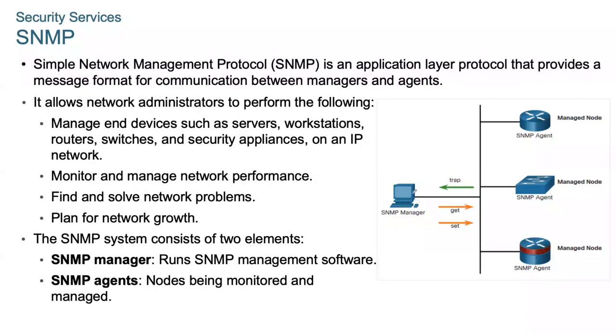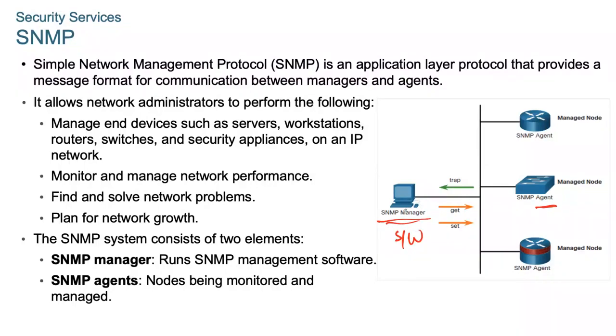So the SNMP system consists of two elements. One is the SNMP manager, and the other is the SNMP agent. The SNMP manager runs the SNMP manager software; there are different software tools.